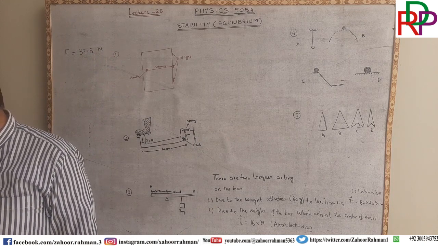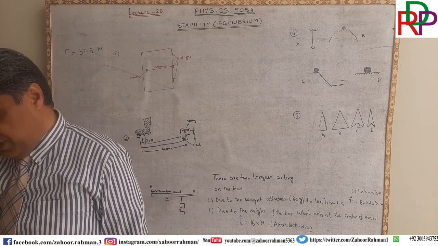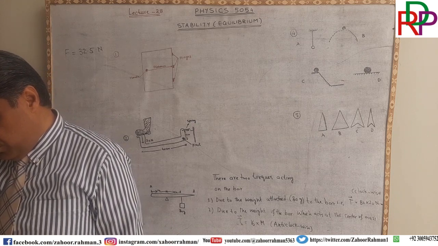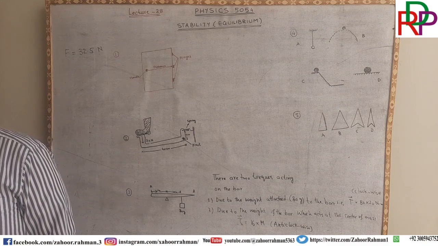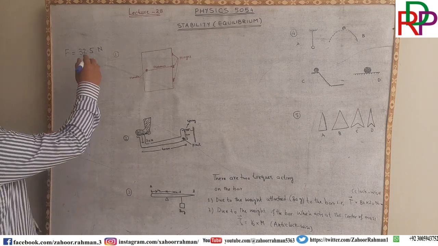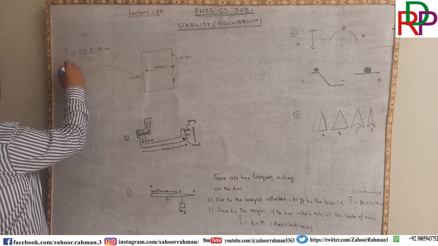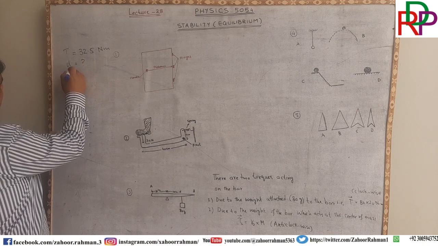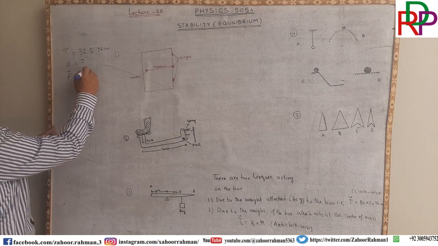In order to open it, what is the minimum distance of the handle from the hinges if the door is to be pulled with a force at the handle not greater than 50 Newton? So here it is torque, and we have to find D, and F is not greater than 50 Newton.